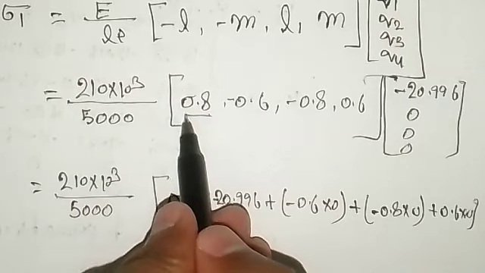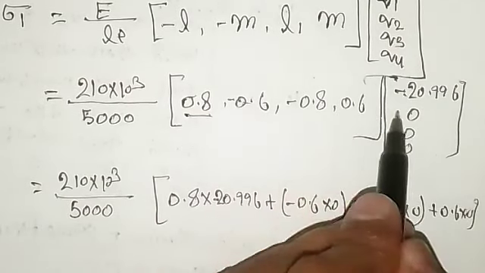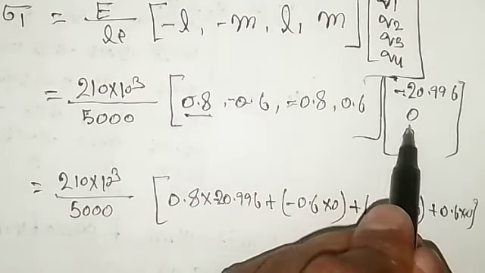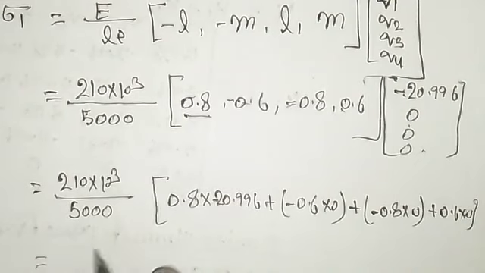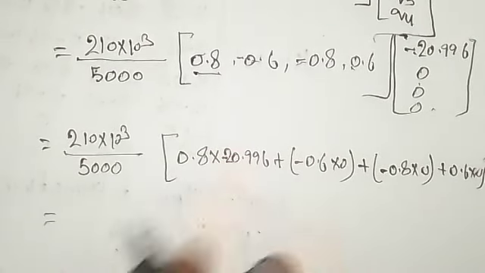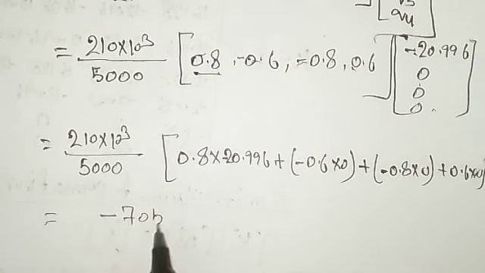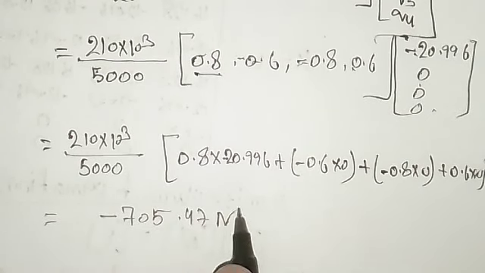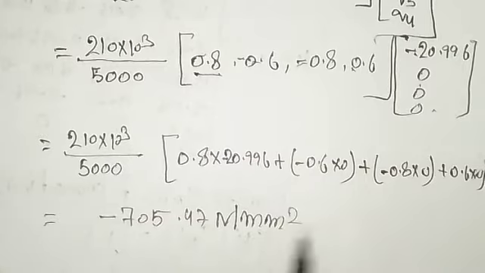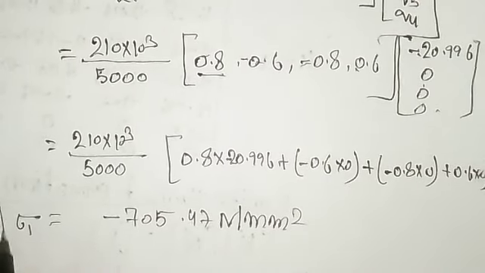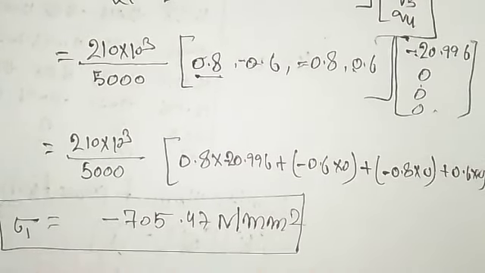So on simplification you'll get the value, which is minus 705.47 Newton per mm square. This is the sigma 1 stress in element 1 we calculated.